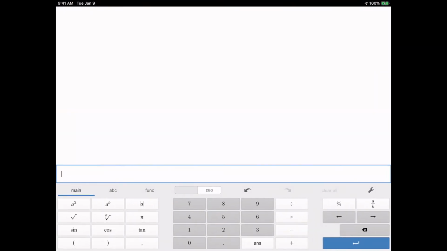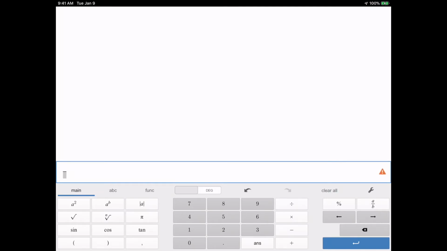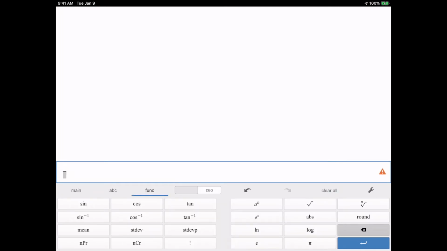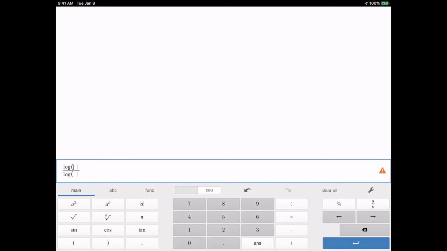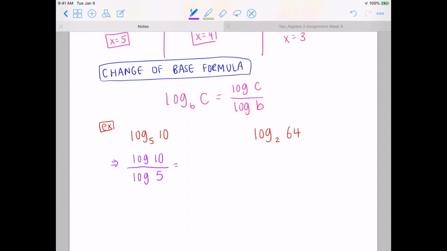So we're going to put a division bar, and then click on function, log. We'll put the log at the bottom too, and it was 10 and 5. So that's our answer, 1.43. That's how we can solve for it, okay?